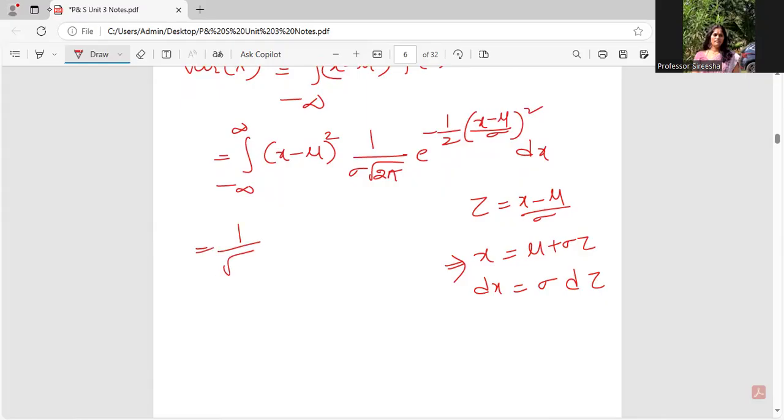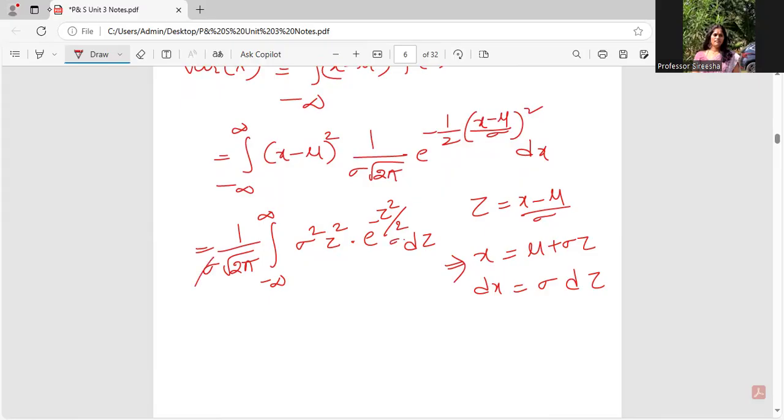1 by root 2 pi is as it is. Minus infinite to plus infinite. This value would be nothing but sigma square z square. Of course, this is sigma outside into e power minus z squared by 2 dz. Yeah, sigma dz, I'm sorry. Okay.